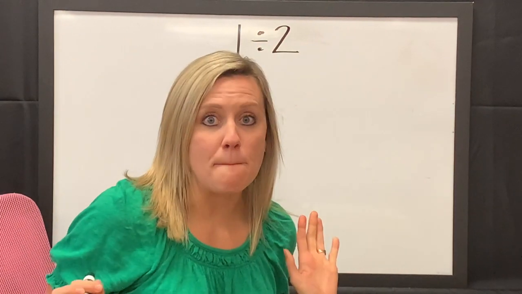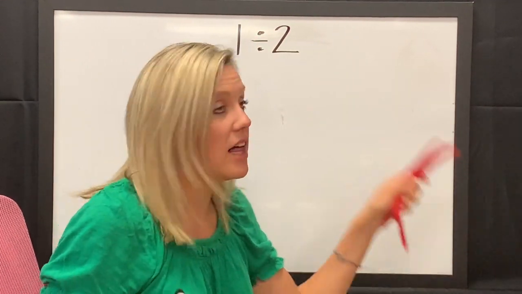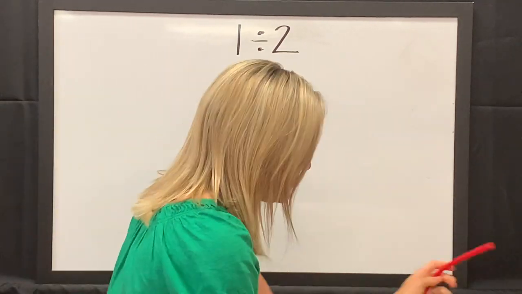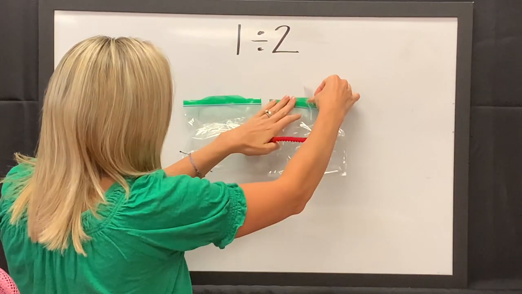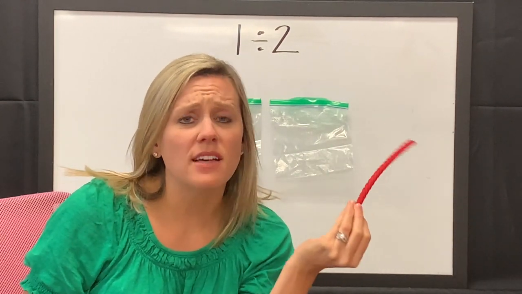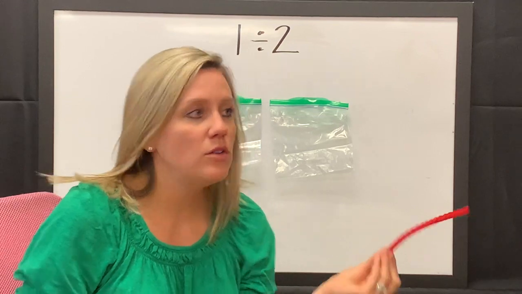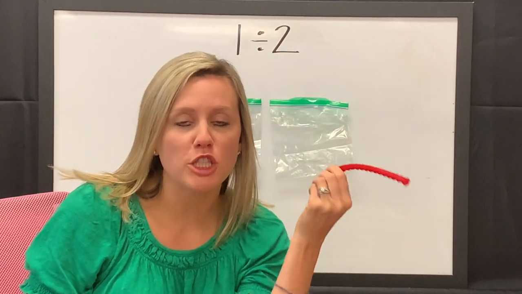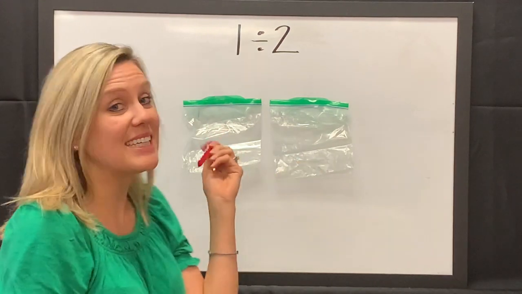I am going to model this problem using licorice and plastic baggies. Okay, so I have 1 piece of licorice here and I want to divide it by 2. So I need to somehow split this licorice so it fits into 2 bags evenly.